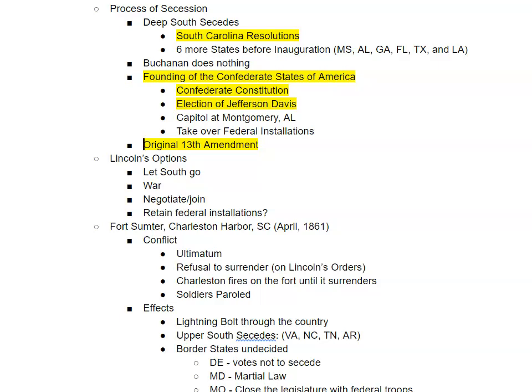This is how far the North was willing to go to prevent the country splitting in two, or to prevent a civil war. An unrepealable guarantee of slavery. Most Northerners were willing to go that far. By this point, the reason it really didn't pass is it was not enough for Southerners.